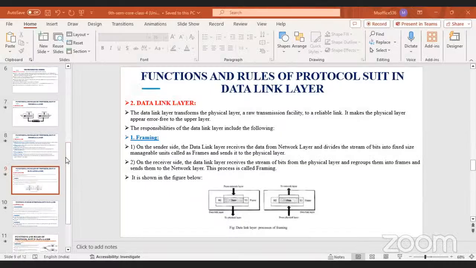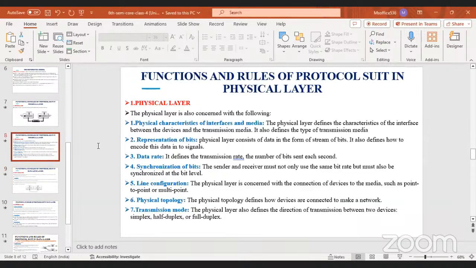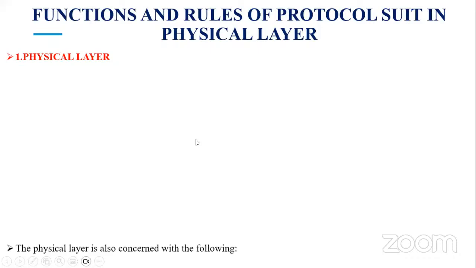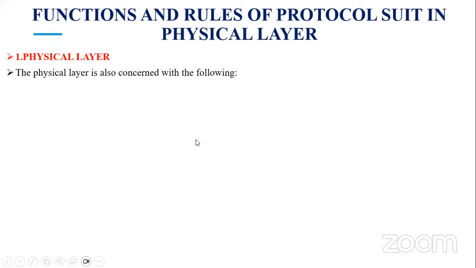What will it do first actually? I have shown one picture and I have discussed. It will receive a data unit called a frame from its above layer, called the data link layer.